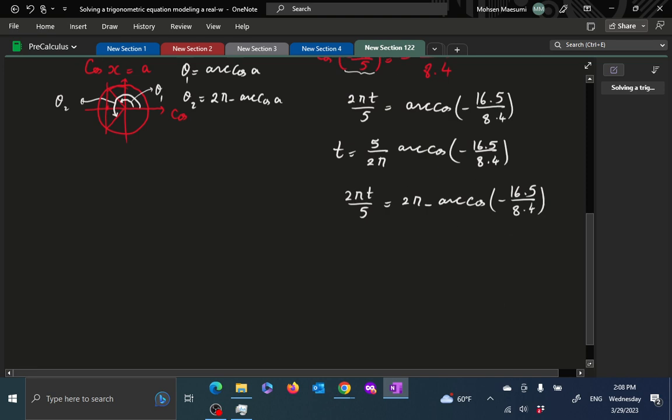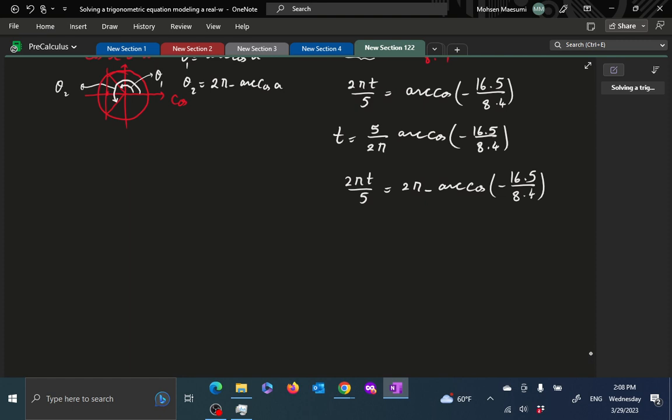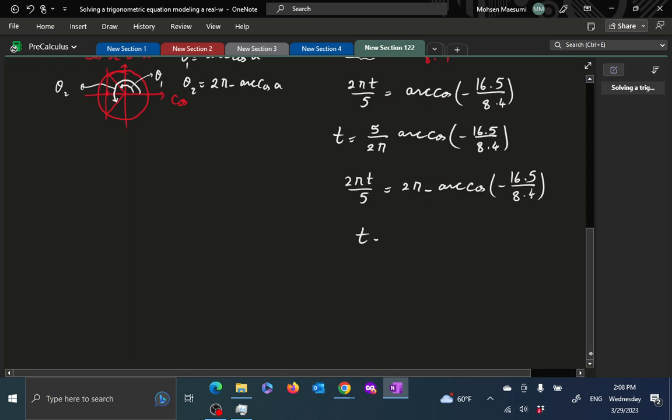Multiplying by 5 and dividing by 2 pi, exactly just like here, t becomes, so I had a 2 pi here, multiply by 5, divide by 2 pi, and then subtract, same thing, 5 divided by 2 pi of arc cosine of minus 16.5 over 8.4.